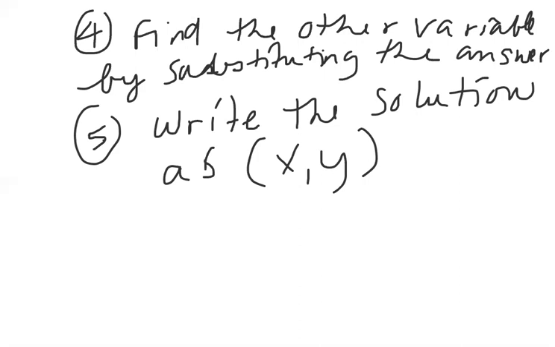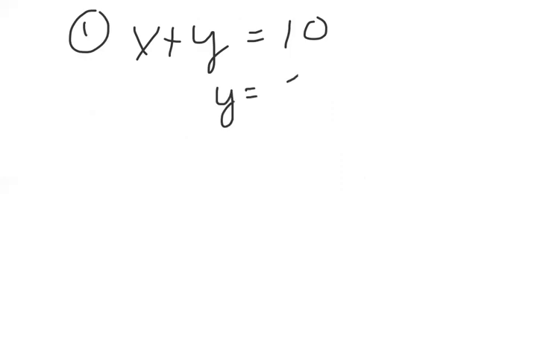Now, what I'm going to do is a couple of examples with you guys, and then I will go ahead and move on to the elimination method, okay? So here's a very easy example to get started with. It is x plus y is equal to 10, and then y is equal to 4x.